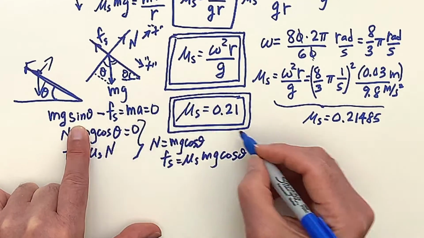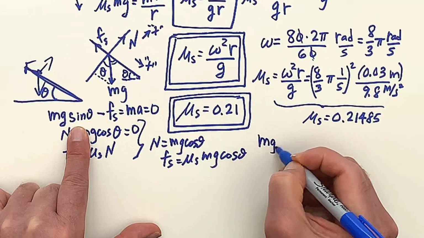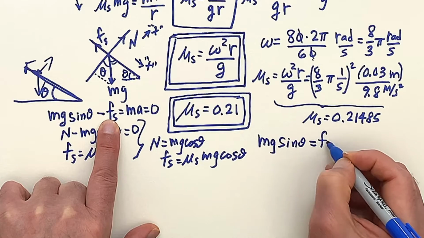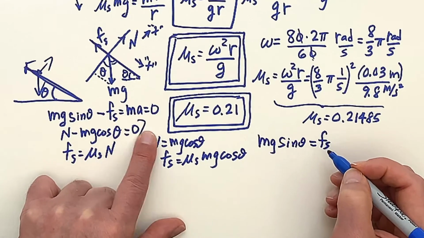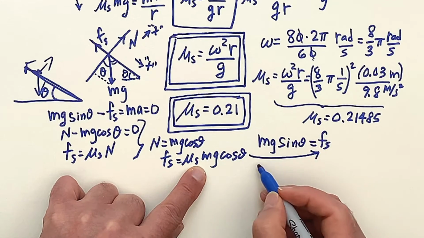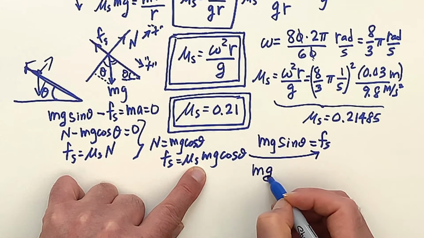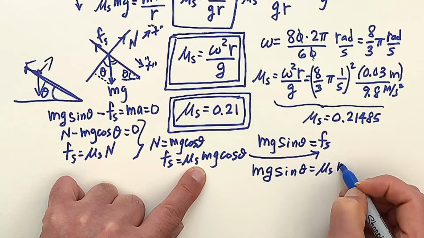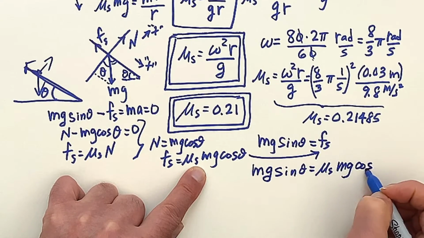This top equation here is just simply saying mg sine of theta equals Fs, since the acceleration is 0. So this goes in here. Masses cancel once again. mg sine theta is mu s mg cosine theta.